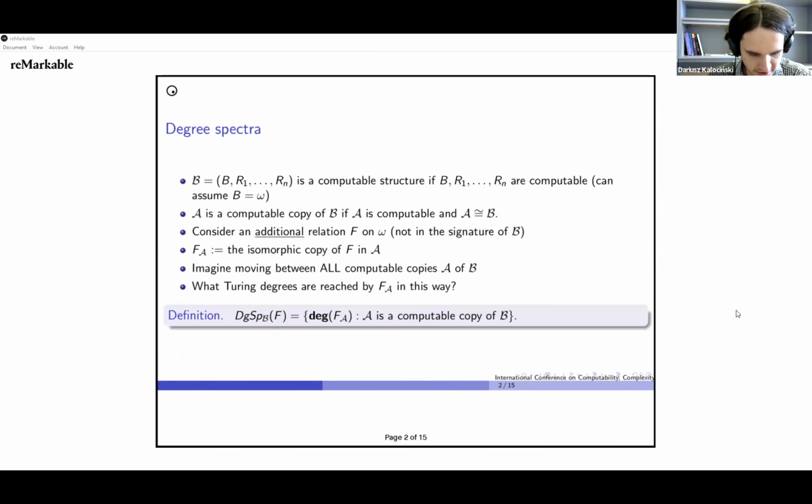Let me introduce briefly this topic of degree spectra, which is one of the main topics in computable structure theory.